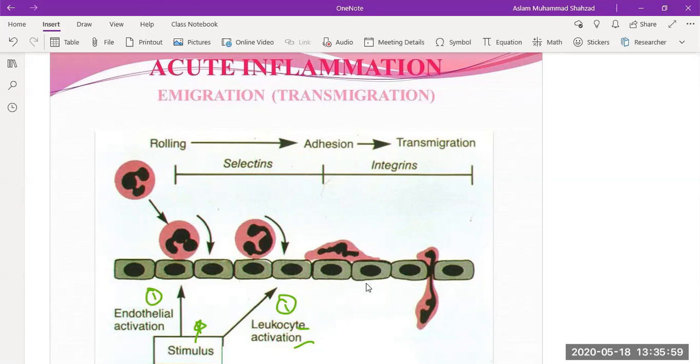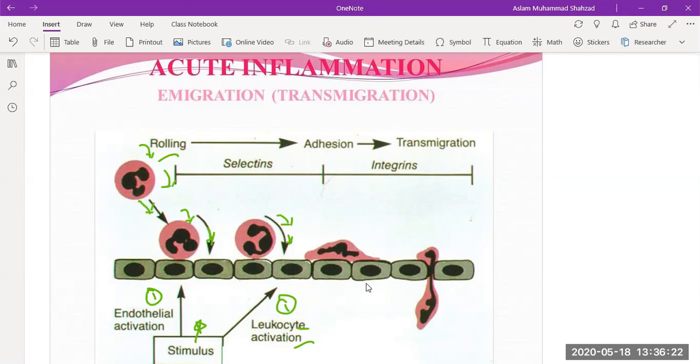So these are the neutrophils traveling to the site of injury. They express this in terms of rolling. They roll around the endothelial surface, as you can see here, and they roll on the surface of the endothelial tissues.